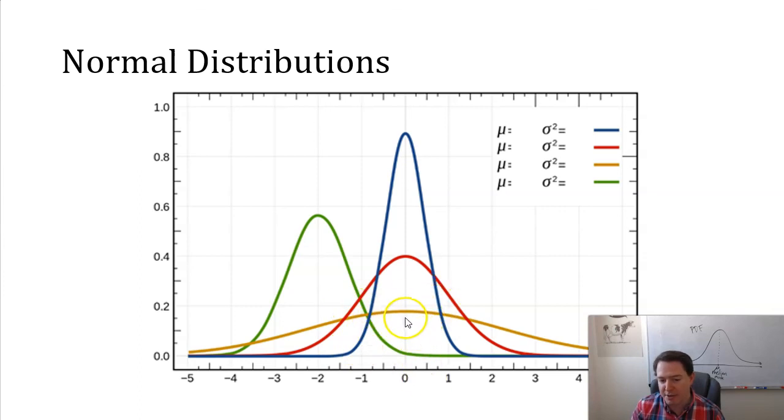And this short, fat one right here, the orangish curve, would have the largest standard deviation. So as long as we can identify which one has the smallest mean, the largest mean, smallest standard deviation, or whatever, I can't tell you what the number is for the standard deviation, but I can at least tell you which ones have a smaller standard deviation and which ones have a bigger one. That's all I really want to get out of these pictures for a normal distribution.